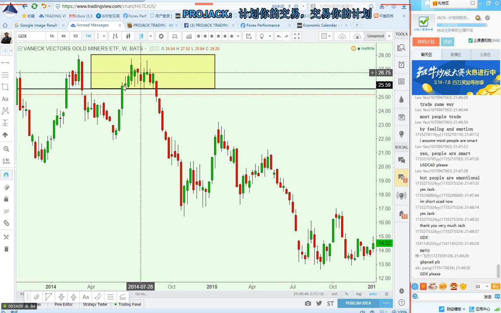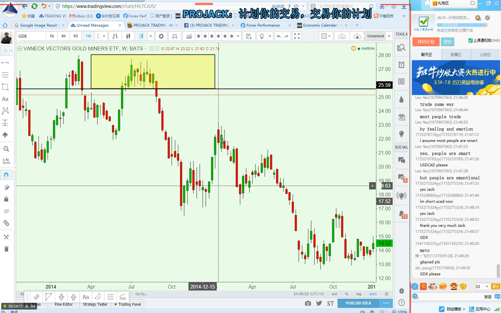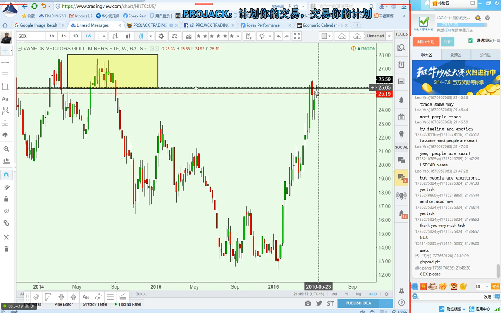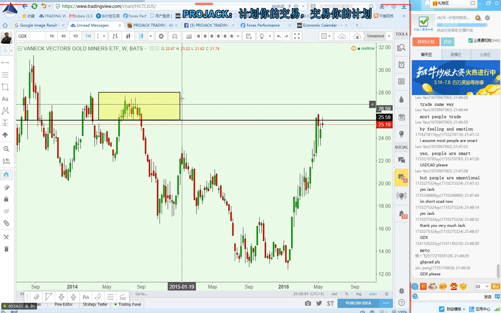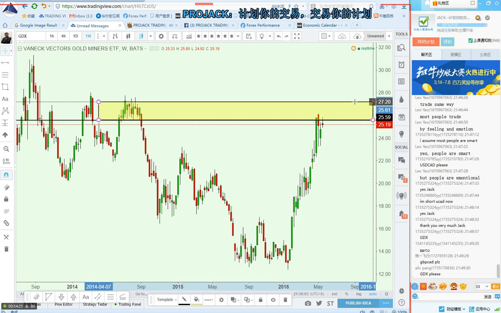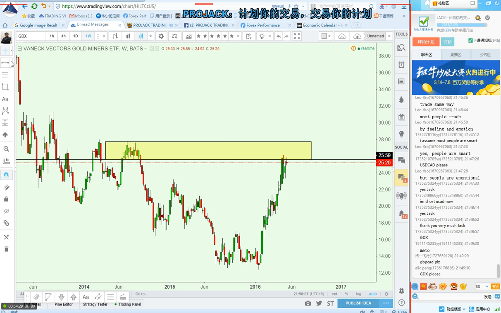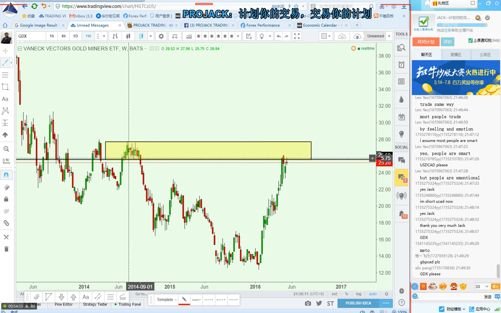We call this a head and shoulders top. The neckline is 25.59, and it broke down, and now it's the first time coming back to this level. So if GDX cannot break this level, cannot go through this zone, it will come down. High chance it will come down, because it rallied here to the previous zone.